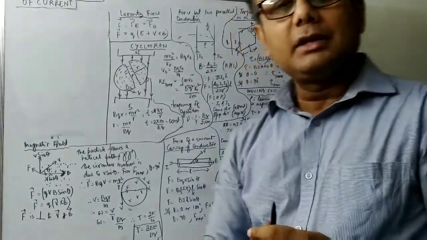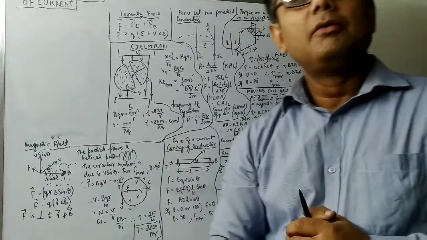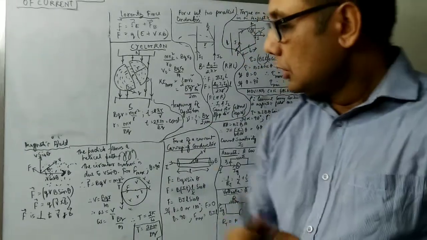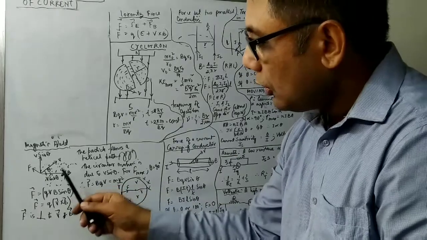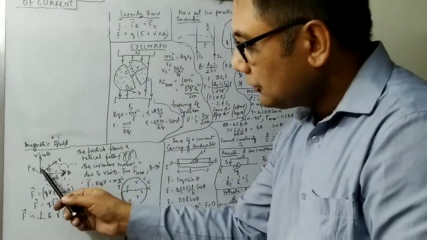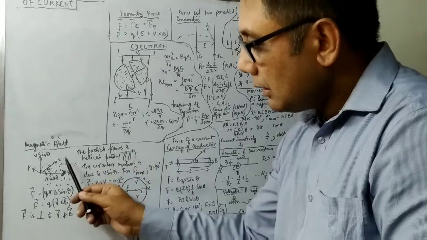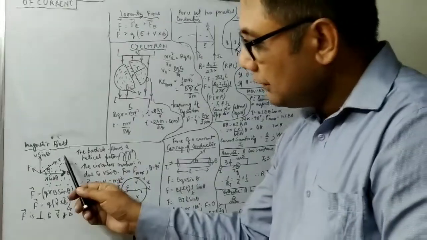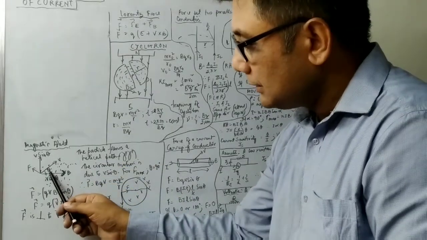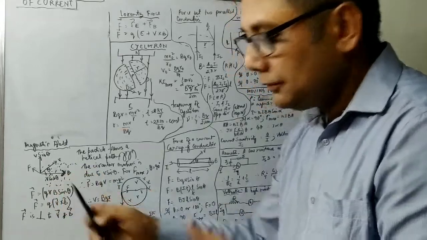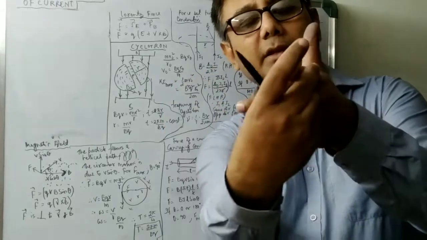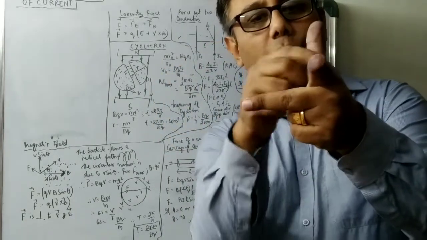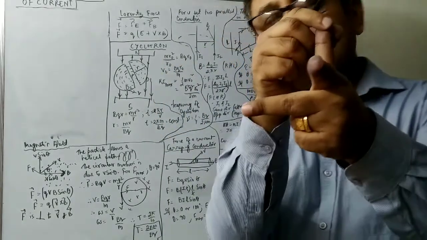So we know that in a circular path there is a centripetal force which acts. So the force acting on the particle of charge q moving with the velocity v at an angle theta, the perpendicular component is v sin theta. So this is v sin theta, this is the magnetic field, and this is the force. So what force will act on it?